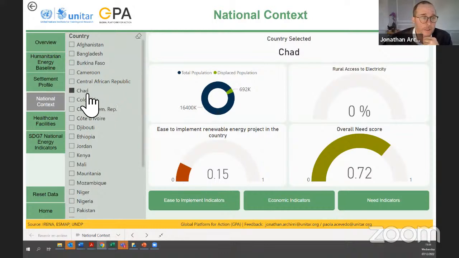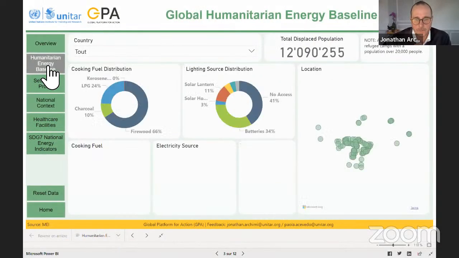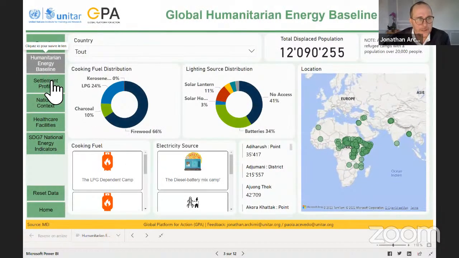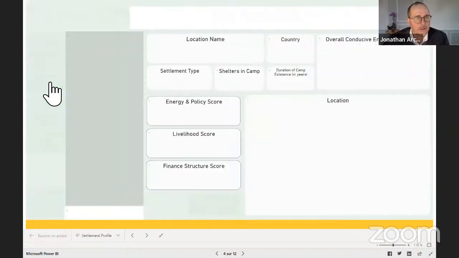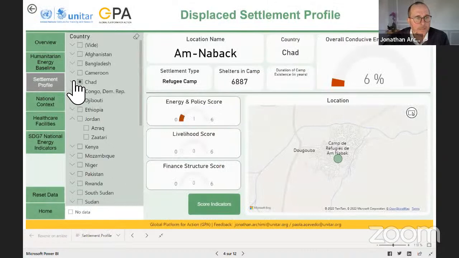Yes, very good question. I don't know if the person is referring to the humanitarian energy baseline or the settlement profile. So here, let's take Pakistan.